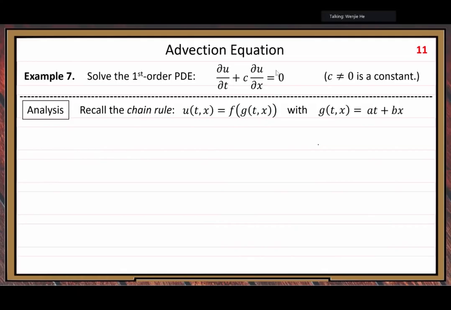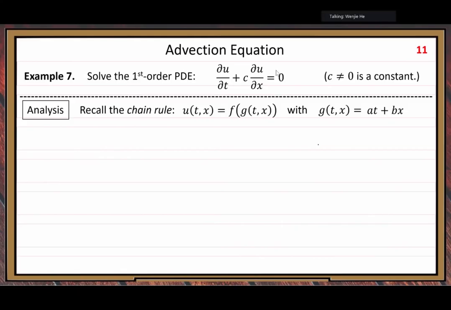A, b are certain constants to be determined. That's also our freedom.